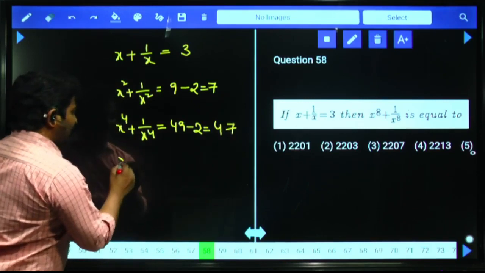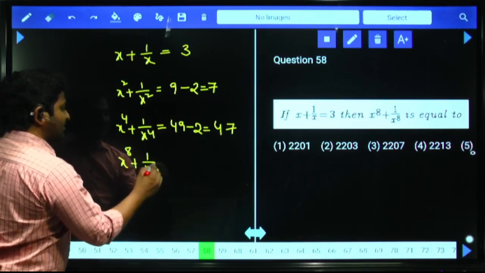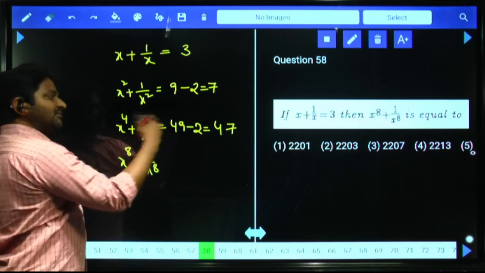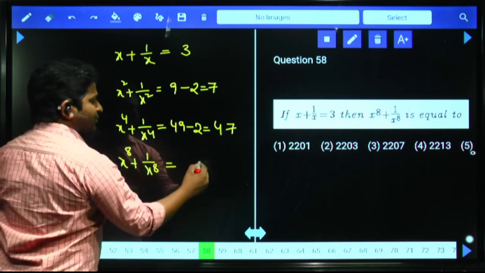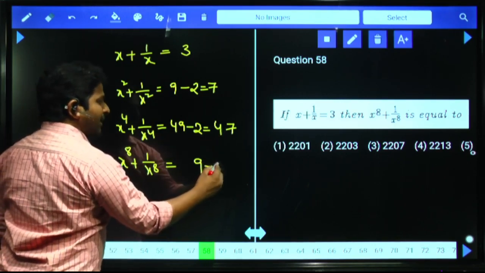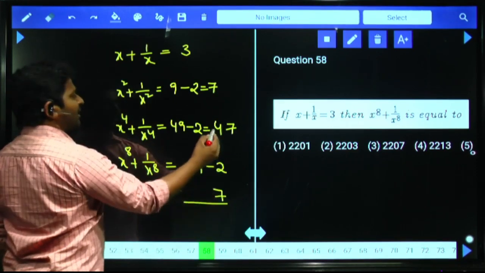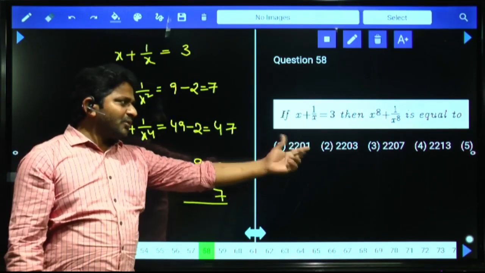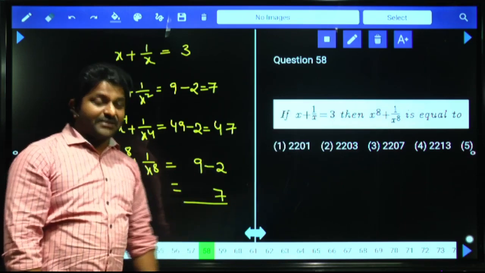Now, again take the square of this number, x power 8 plus 1 by x power 8 plus 2 into x power 4 plus 1 by x power 4. Again, this value goes to the other side. That becomes 47 square, which ends with 9, minus 2. So the final answer should end with 7. I don't want to calculate how much 47 square is. Let's verify the last digit, because most of the options end with different numbers except the second and fourth.